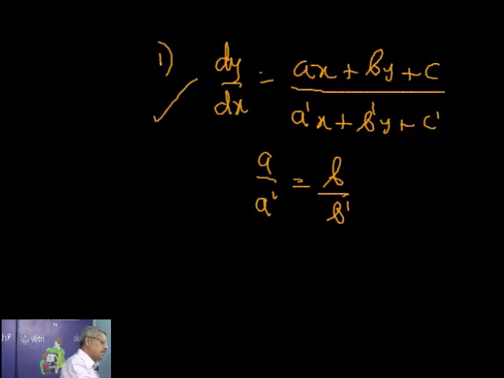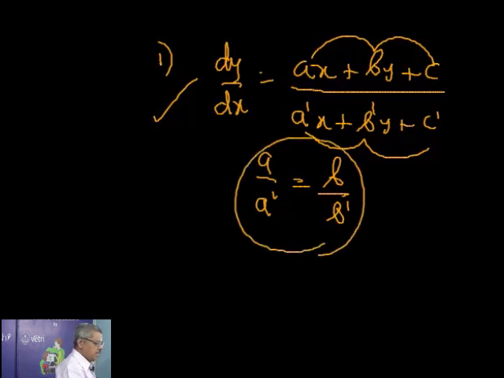We discussed this type last class, type 1 under non-homogeneous differential equation. Here ax plus by plus c is a non-homogeneous expression in the numerator as well as the denominator. At the same time, if a by a dash is equal to b by b dash, we call this type 1 under non-homogeneous type.